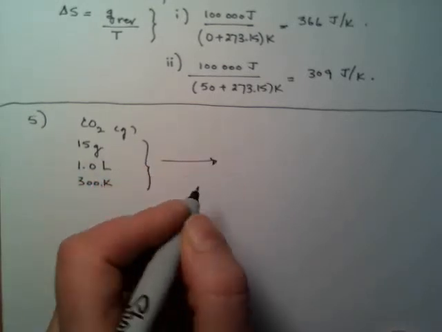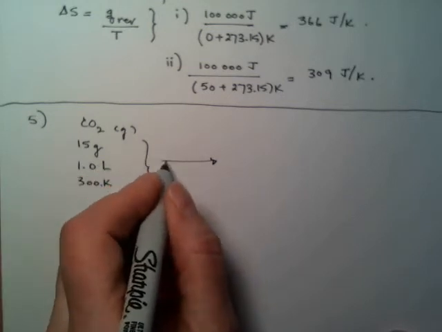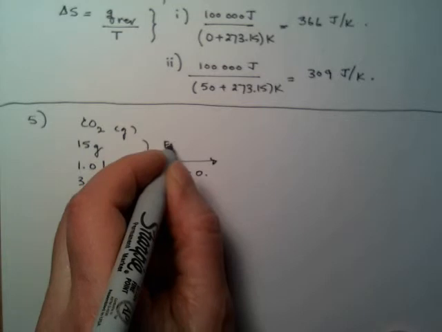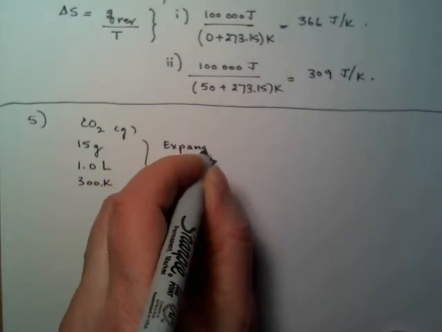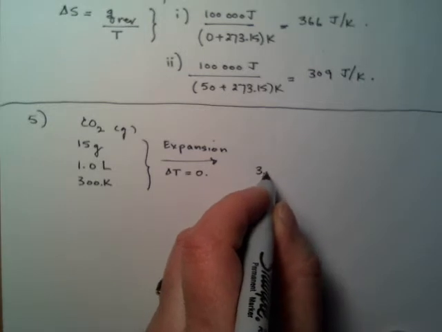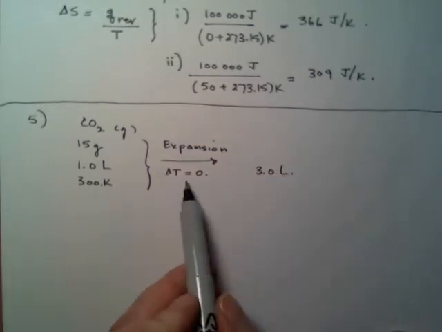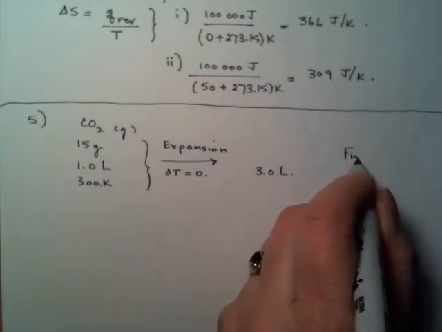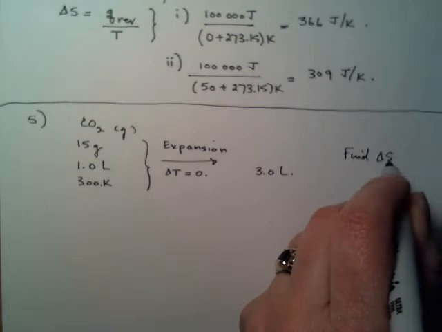It'll undergo isothermal expansion, so delta T is equal to 0. All I know about the end is that it's 3 liters, and also 300 Kelvin still. And again, I want to find delta S.